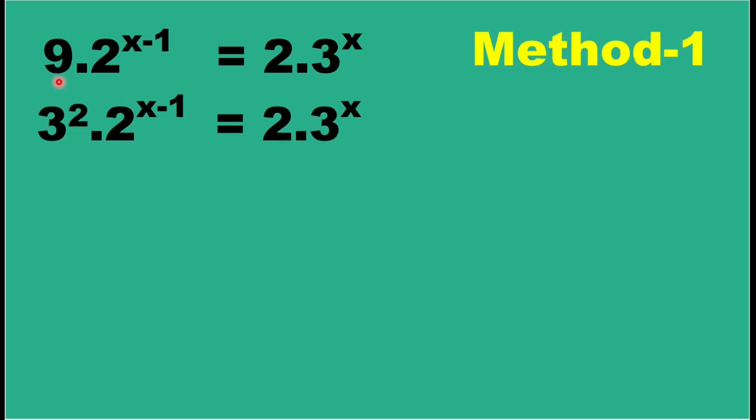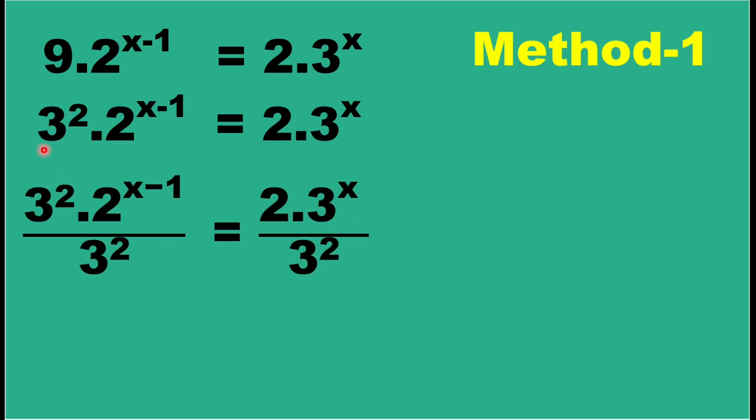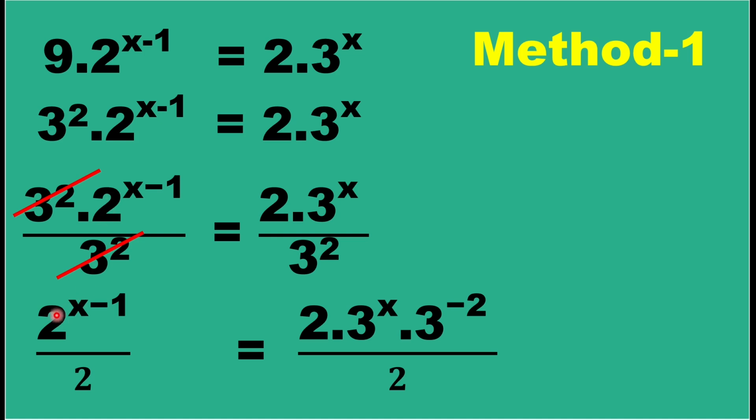So first of all, we can write this 9 as 3 power 2, and then we will divide both sides by 3 power 2 like this. Now this 3 power 2 will cancel this 3 power 2, so we will have 2 power x minus 1, and here we have 2 into 3 power x.